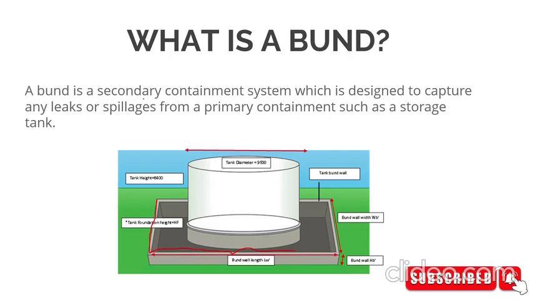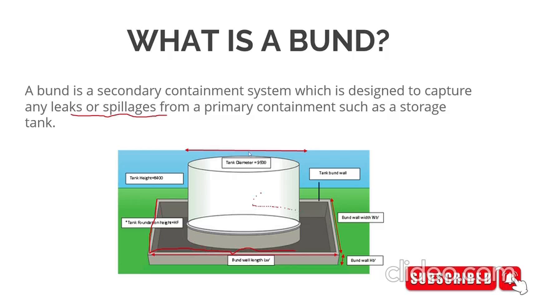A bund is a secondary containment system which is designed to capture any leaks or spillage from a primary containment such as a storage tank. This is called a secondary containment. This is a primary containment.